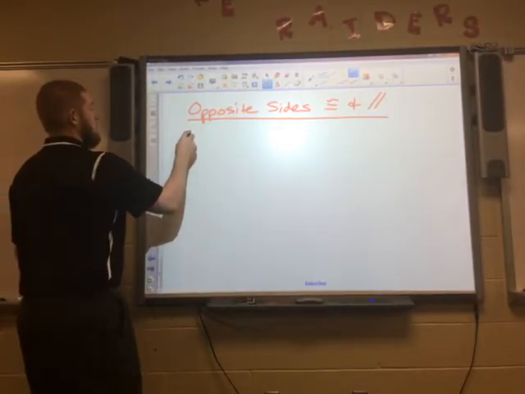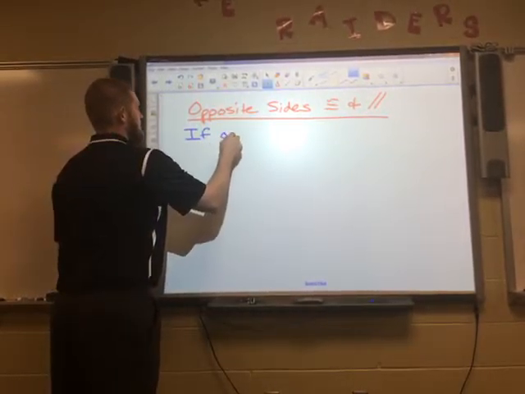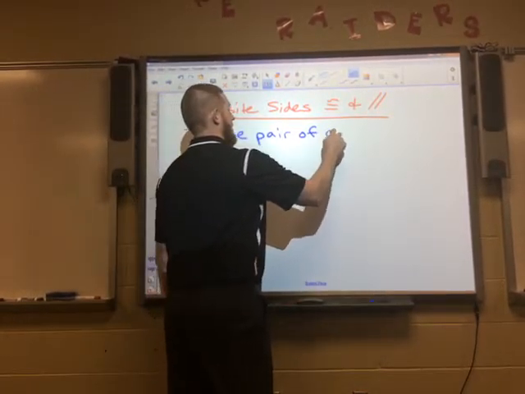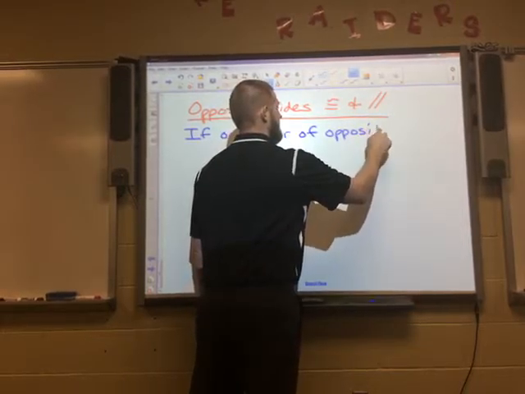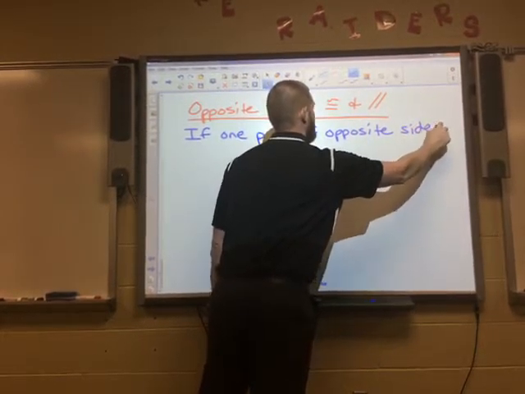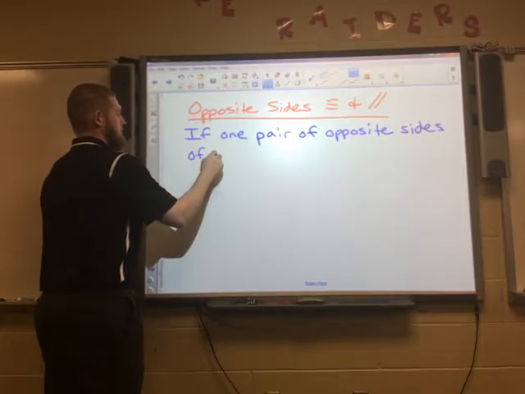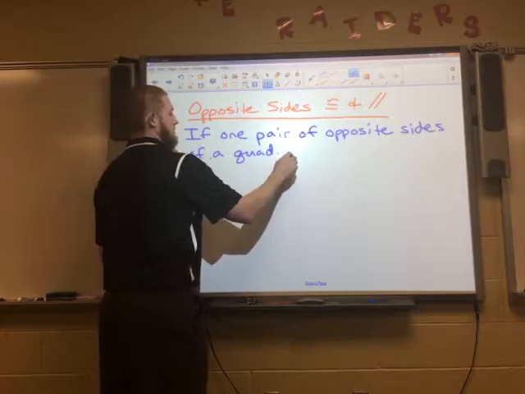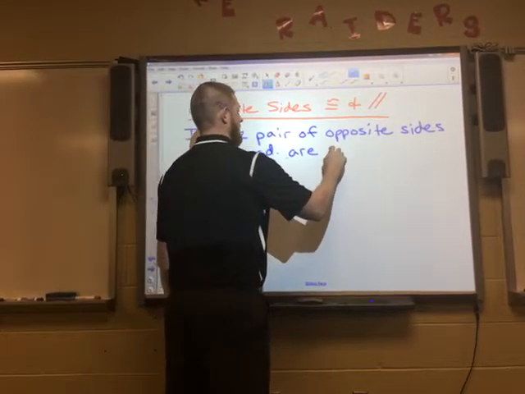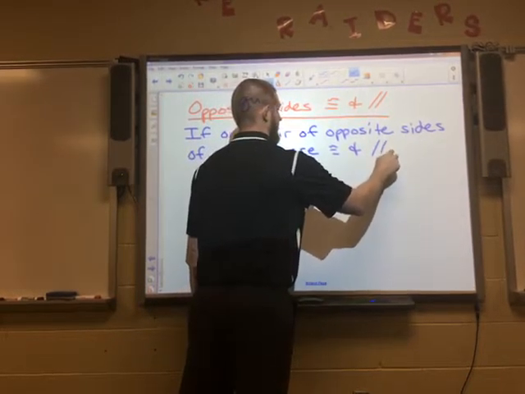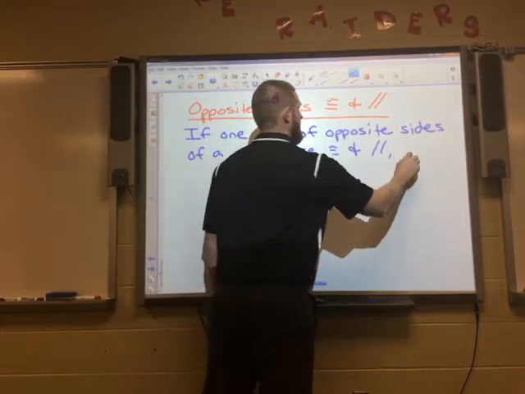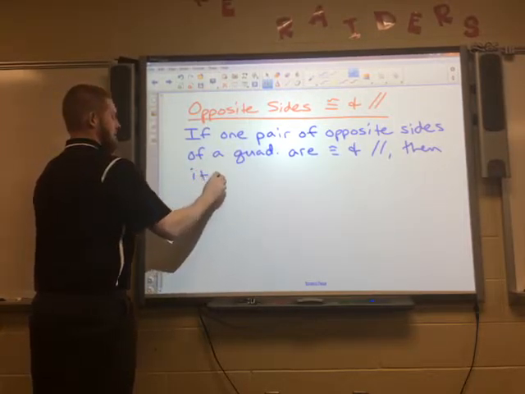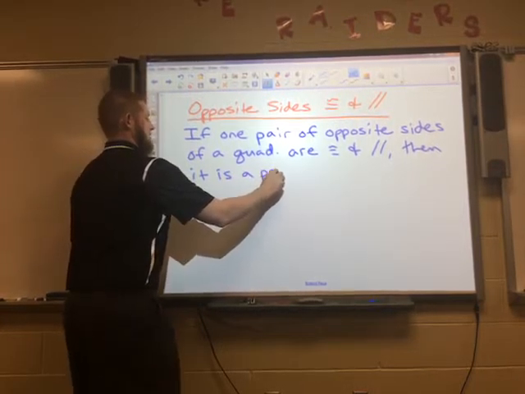Okay, so if one pair, it only has to be 1 pair on this one, of opposite sides of a quadrilateral are congruent and parallel, then it is a parallelogram.